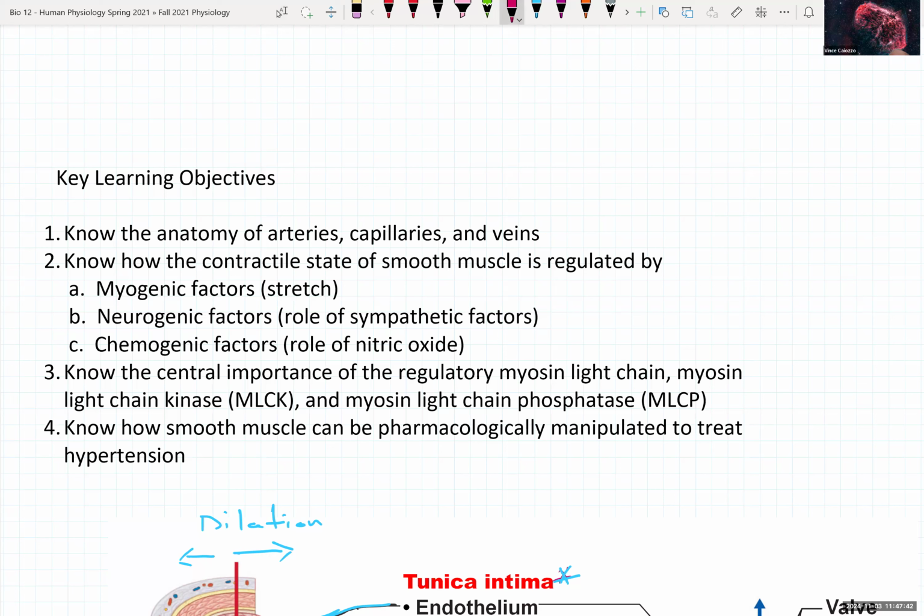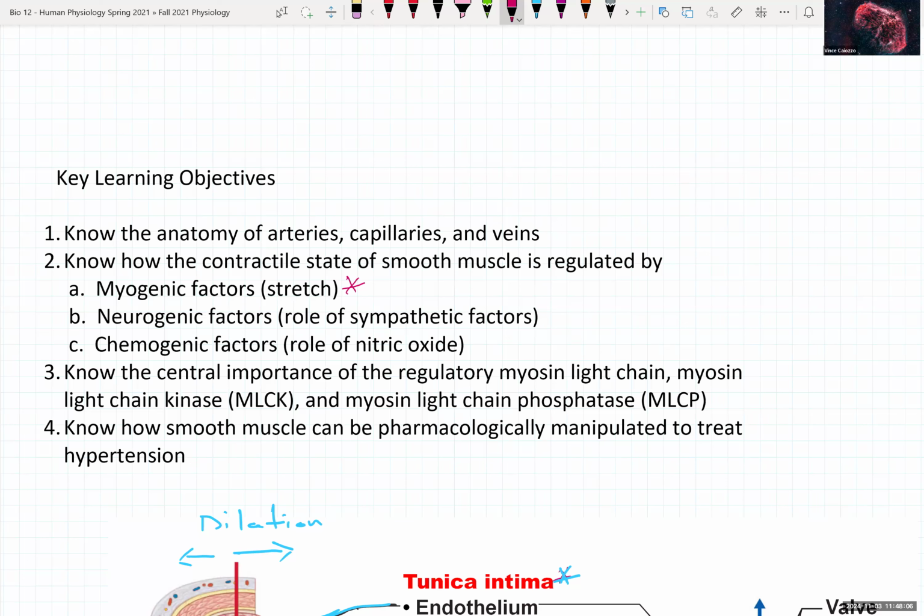The first are the so-called myogenic factors, and you can see I've added parenthetically mechanical stretch of the smooth muscle fiber itself. There also are neurogenic factors.